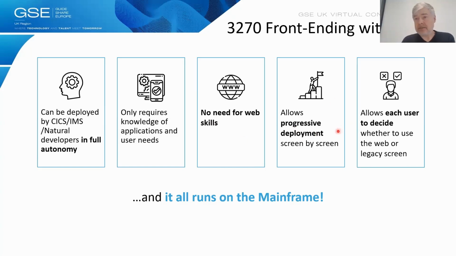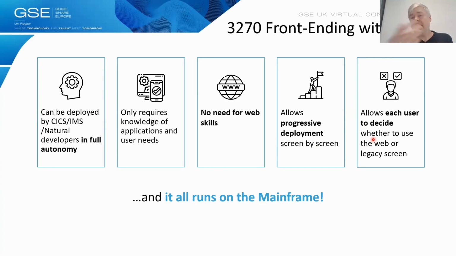You can develop screen by screen and not actually deploy a fully modernized application in one go, but just, say, 10 screens or 20 screens to start with. And coming back to what I said at the beginning, some people prefer the original 3270 application and others will prefer the modernized version.